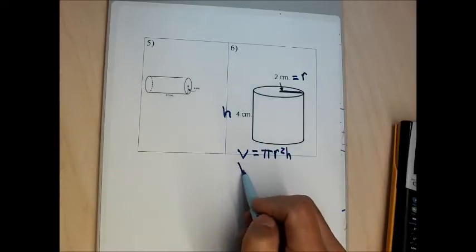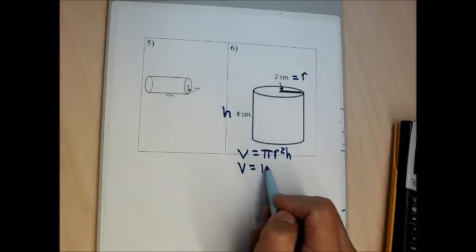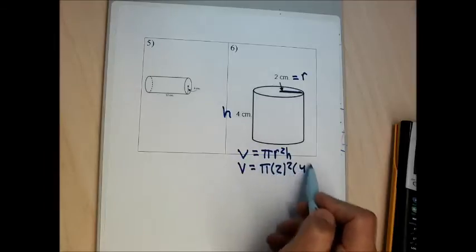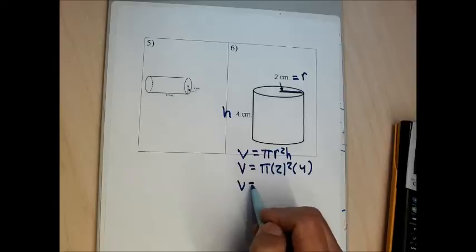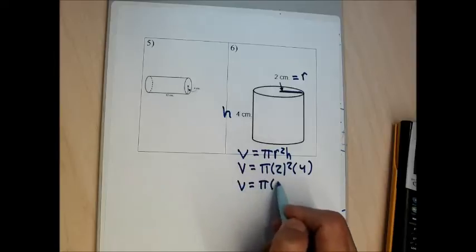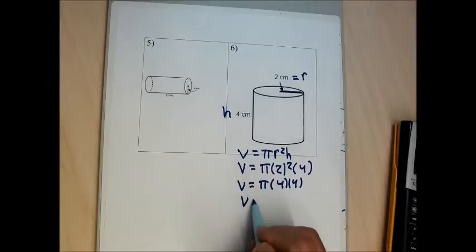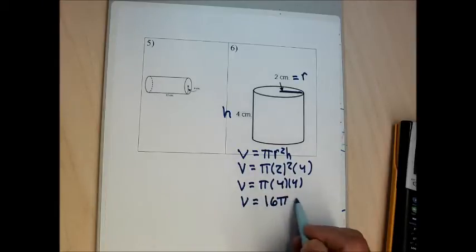For mine, I'm going to say volume equals pi times 2 squared times 4. I'm going to leave the pi in my answer. I'm going to do the exponent first. Now I'm going to multiply the 4s and leave the pi last.